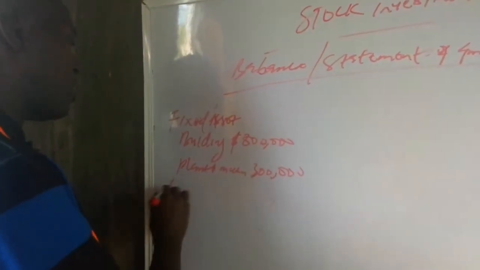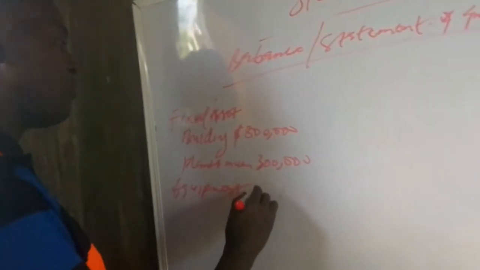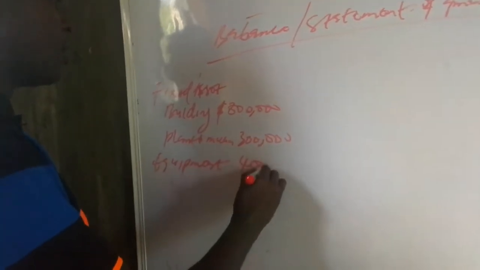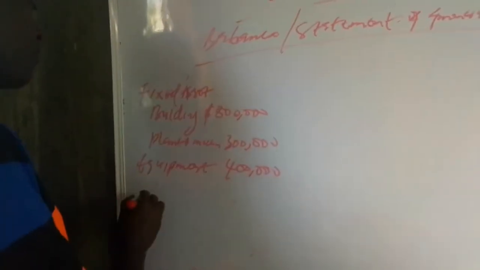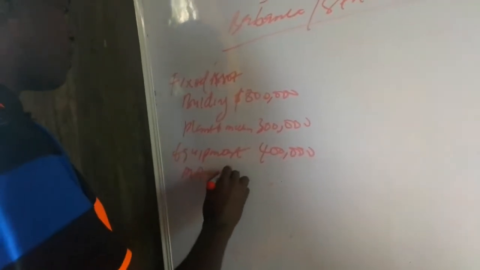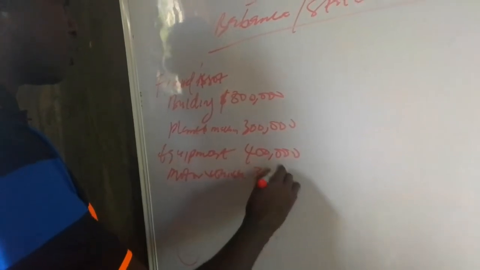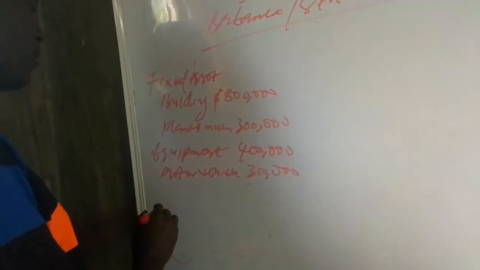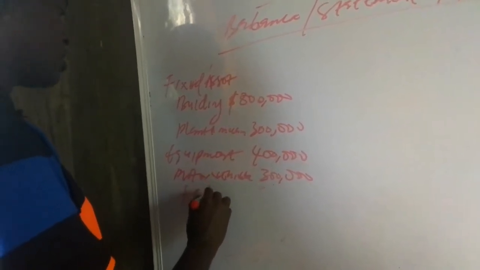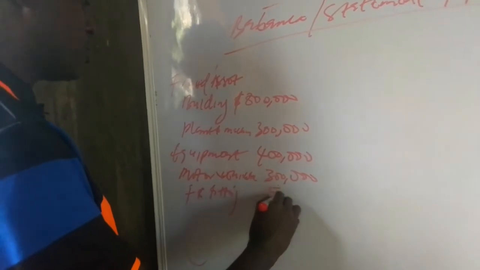We have equipment, $400,000. We have motor vehicle, $300,000. Then we have furniture and fittings, $50,000.